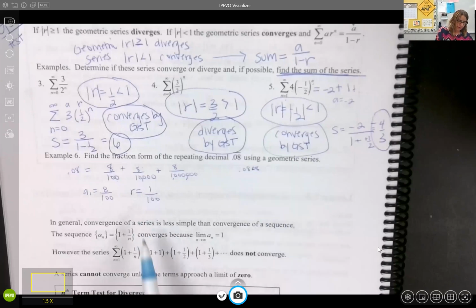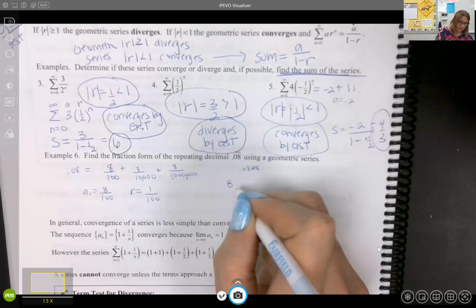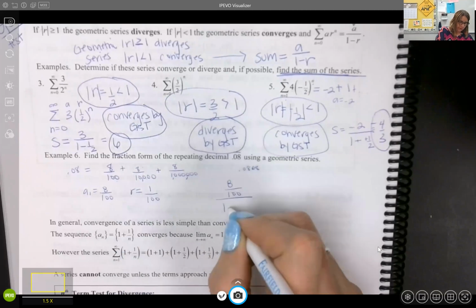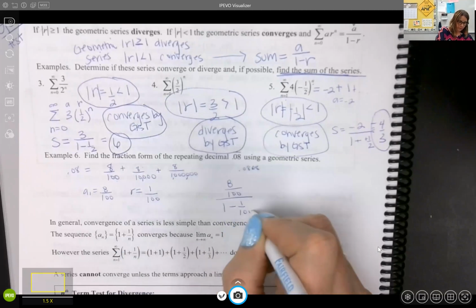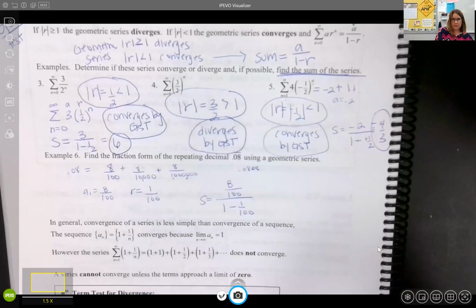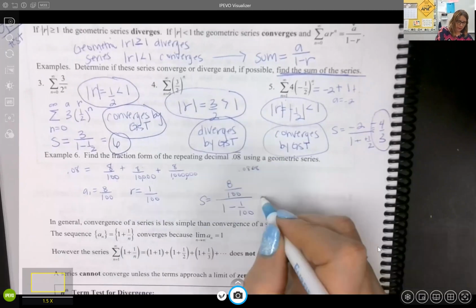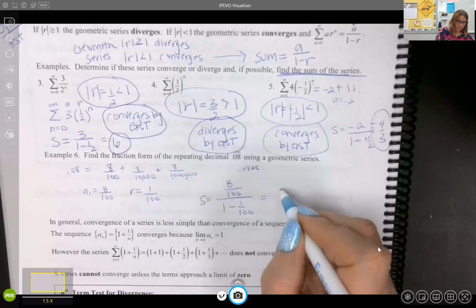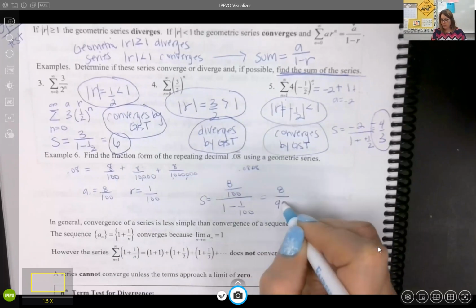So, this says find the fraction form of the repeating decimal. Let's find what that sum is going to be. a1 is 8 over 100, over 1 minus r. So 1 minus 1 over 100, and we're going to end up getting 8 over 99.